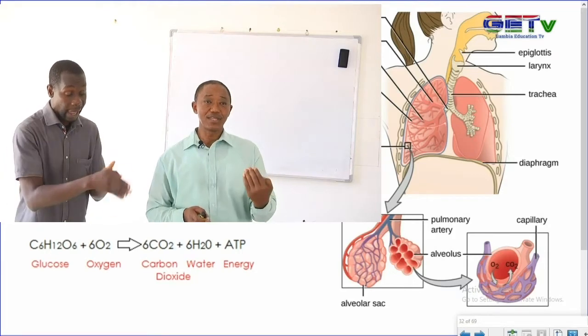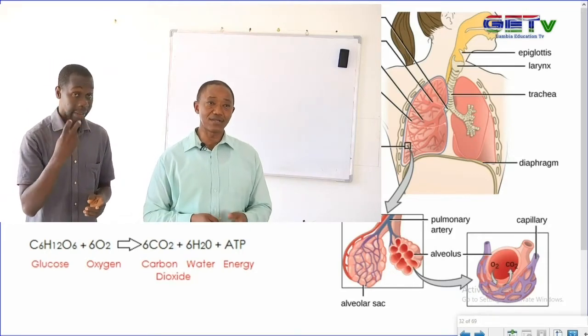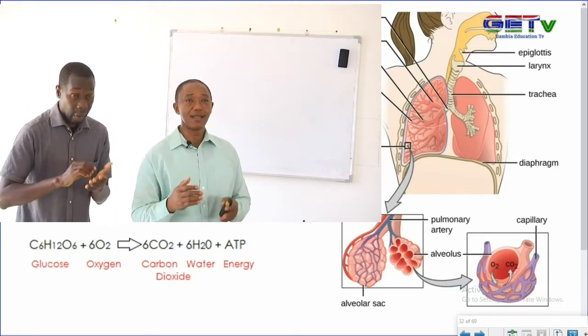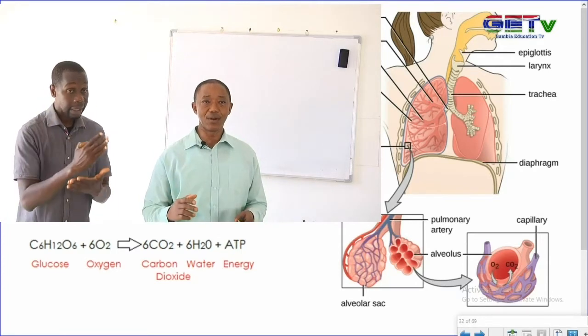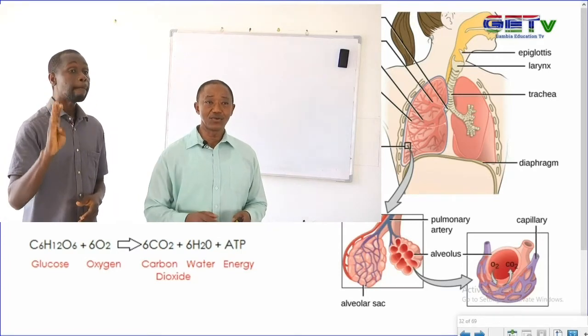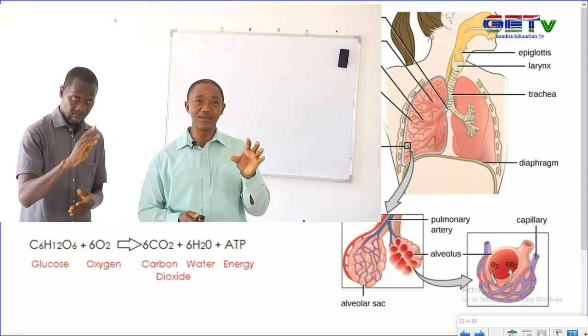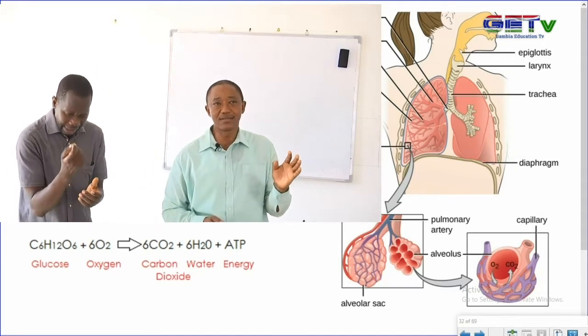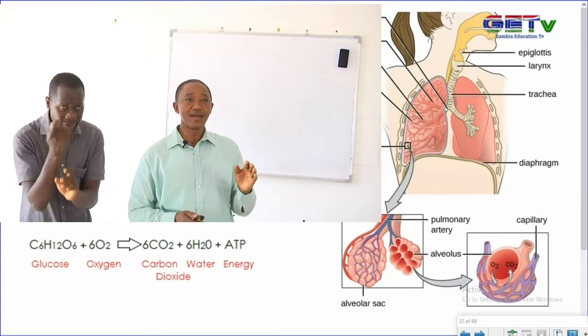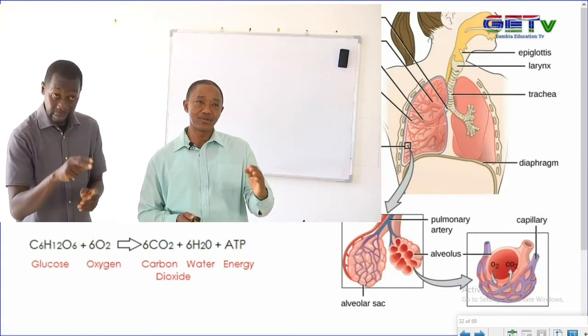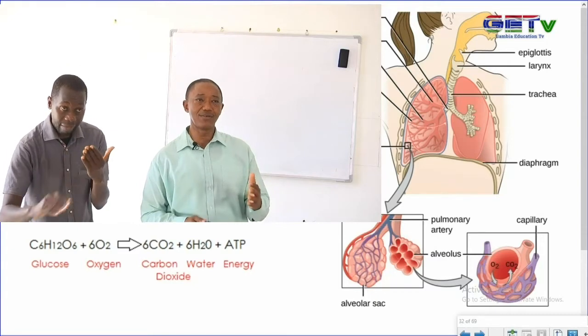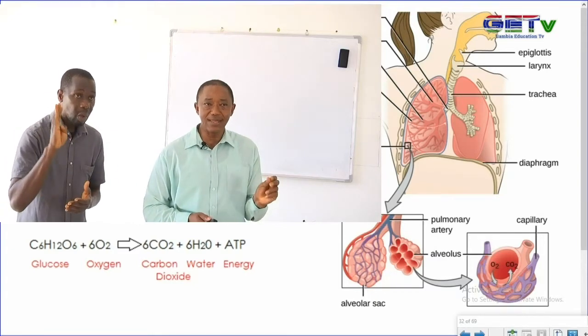So the trachea, we can see, as we described in the other lesson, is divided into the bronchus, and each bronchus, if you look a little bit on the left of the diagram, you can see divided into tiny branch-like structures. So you can see the bronchus further divide and divide until you have the bronchiole, the tiny branches.